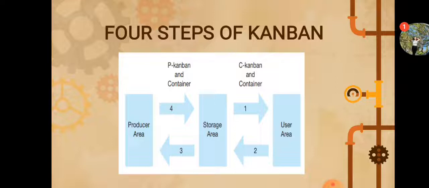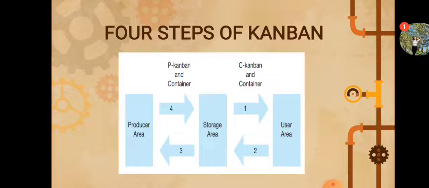After delivering the items, the containers are returned with the same Kanban to the storage area, so that the empty container is then delivered to the producer area to be refilled, with its Kanban card, and then returned to the storage area.